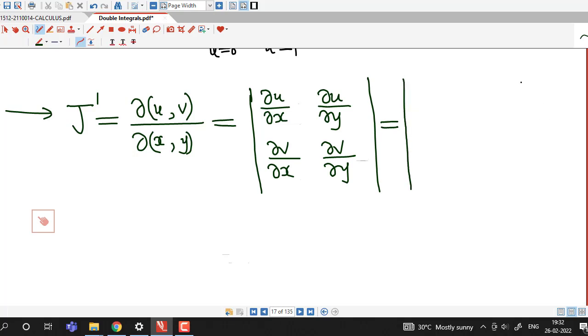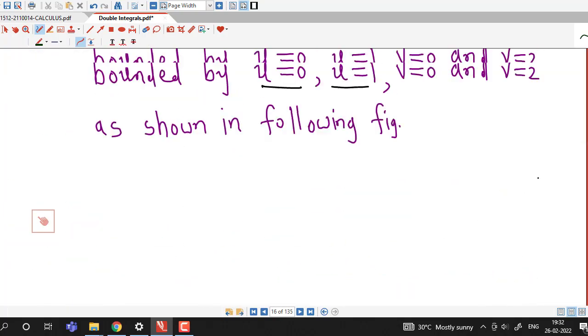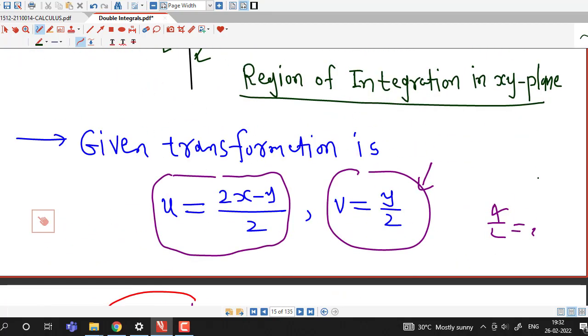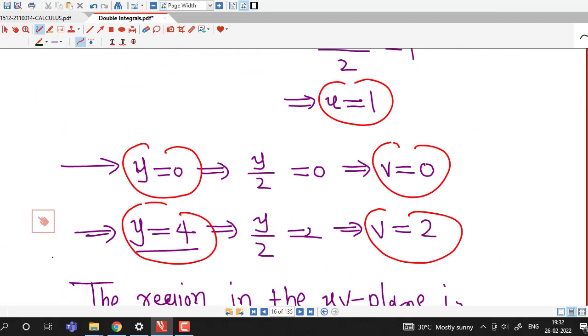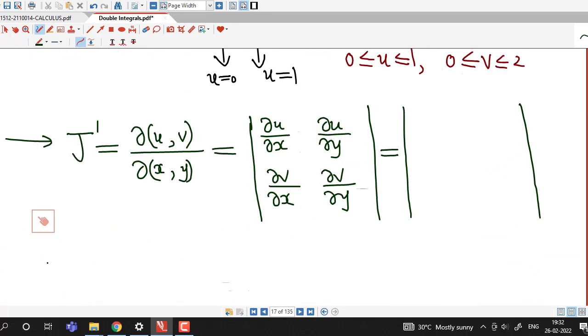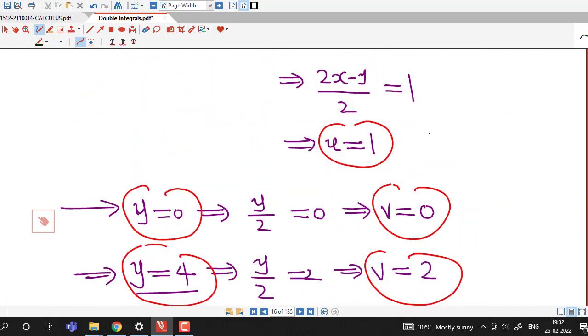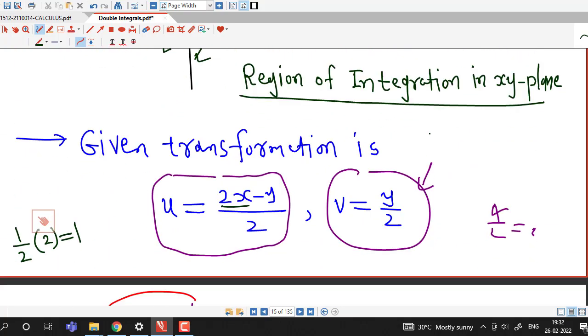Now we are having formulas of u and v in terms of x and y. u is given as 2x minus y divided by 2. Del u by del x will be 1 by 2 into 2 minus 0, that is 1. Del u by del x is 1. Then we have to find out del u by del y.